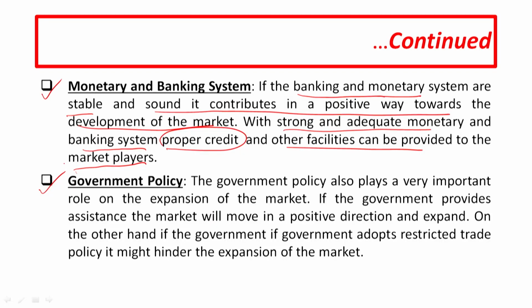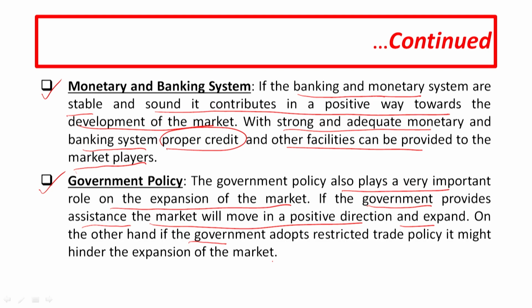So if the banking system is working properly, easy credit can be availed, and the whole market as well as the different enterprises can grow and do well in their respective fields. The next is government policy.